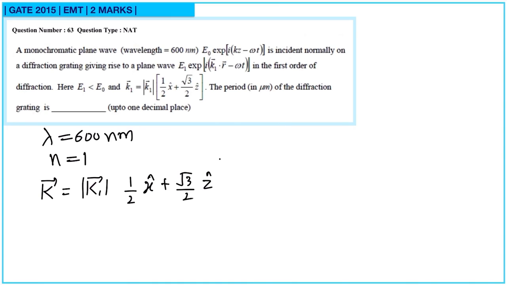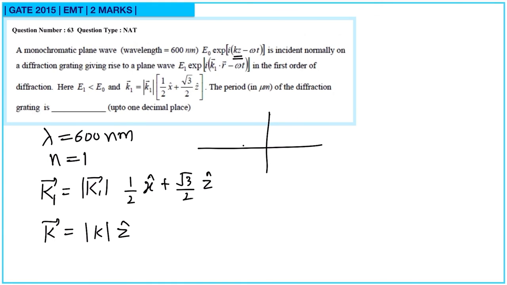The period of the diffraction grating is, so this is given, and the initial wave is in the z direction. So k bar is equal to magnitude of k into z cap. So these are our two vectors, k1 bar and k bar.